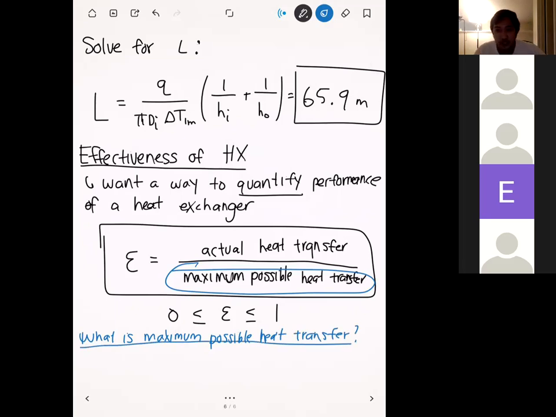Just think about this problem. First of all, let's say that the maximum possible heat transfer can only be achieved for a counterflow heat exchanger with an infinite length.